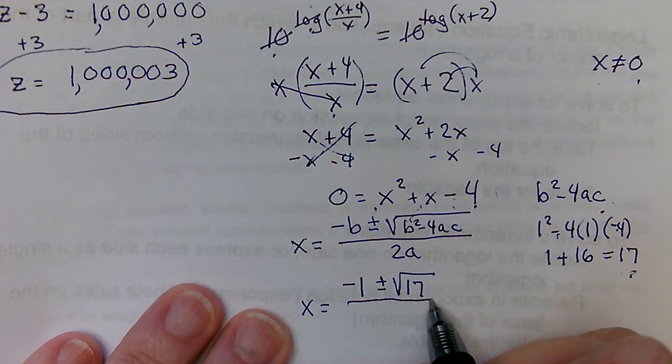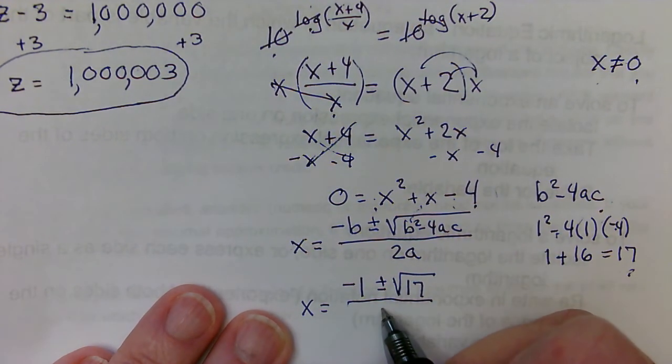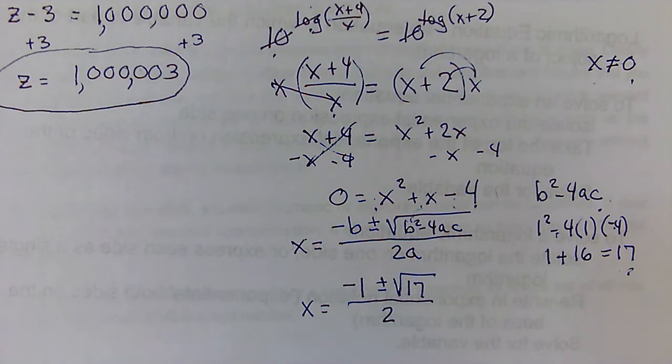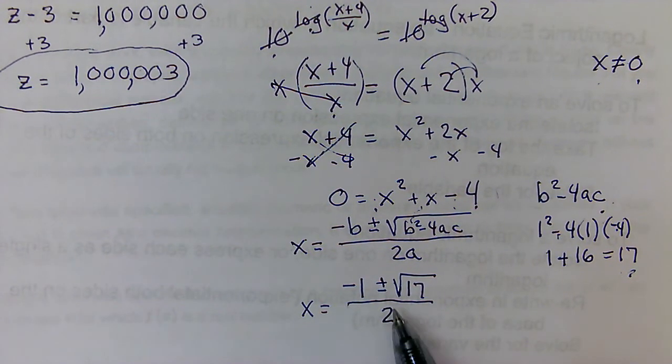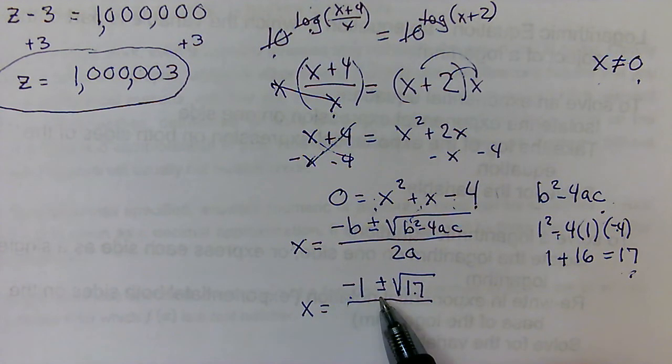And 2a, a was 1, so 2a is 2. So this is actually giving me two possible answers here. Negative 1 plus the square root of 17 divided by 2, and negative 1 minus the square root of 17 divided by 2.